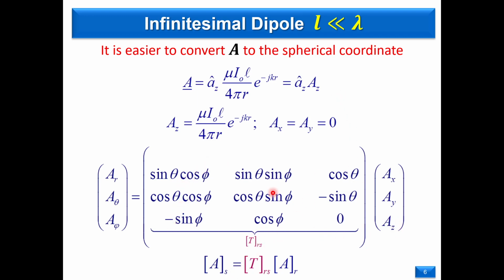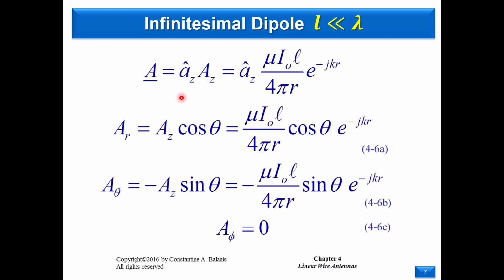We have AX equals 0, AY equals 0, and we just have AZ. AZ has this expression because the whole value of A is in the direction of AZ. We just do the conversion.